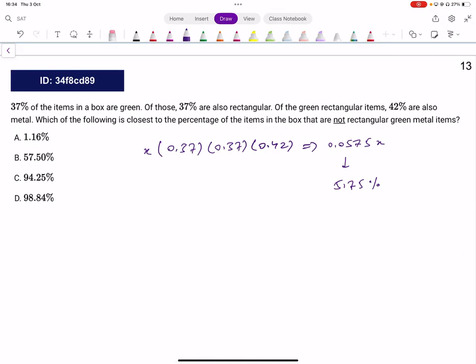Now, how many are not green rectangular metals? 100 minus this number. And that will give you C, 94.25%. That's the number that's not green rectangular metal. Is that okay? So we just calculated for the original number 37%, again 37%, again 42%, and that gives us the total, right? And subtract that from 100 then.